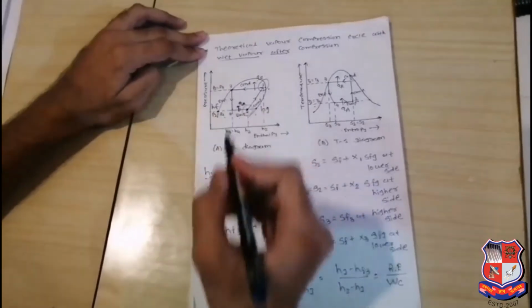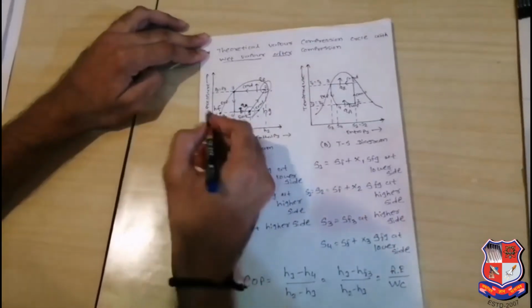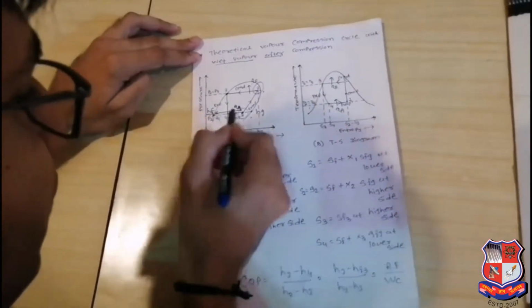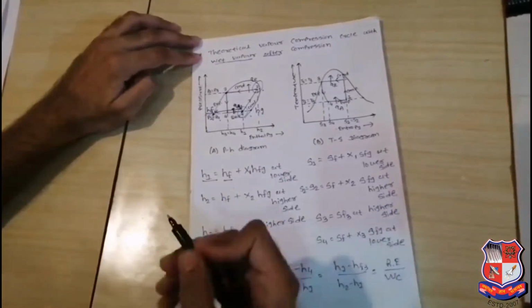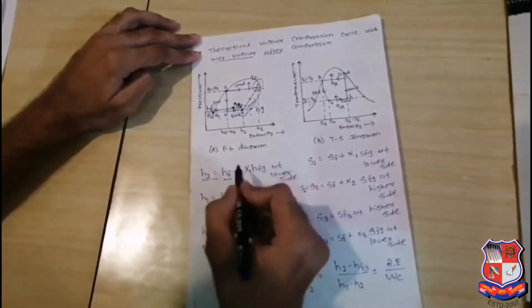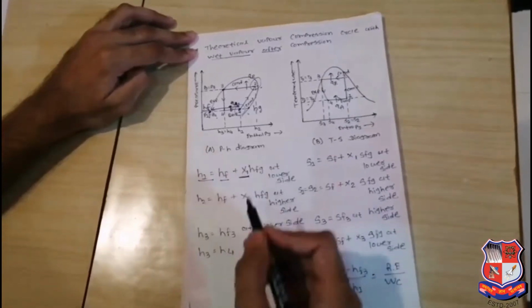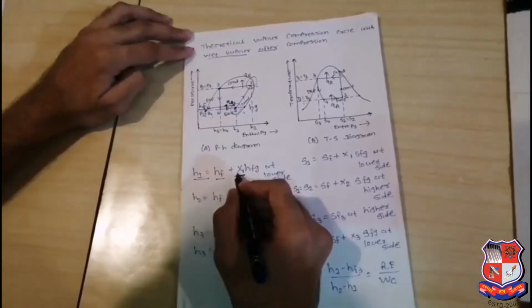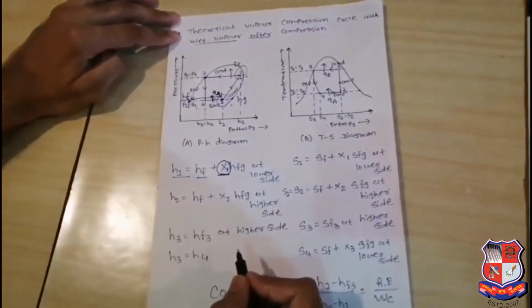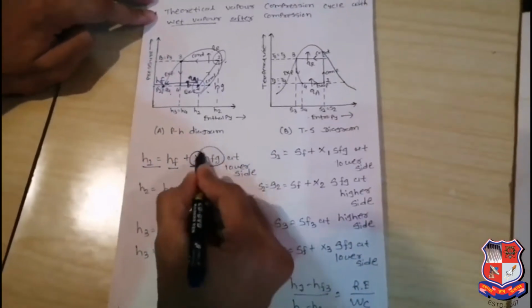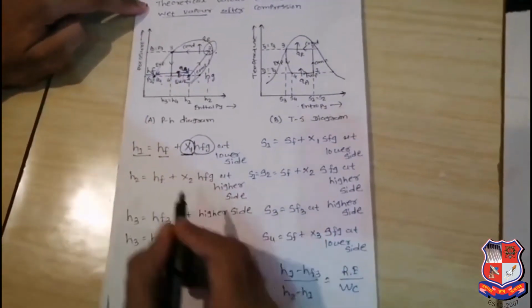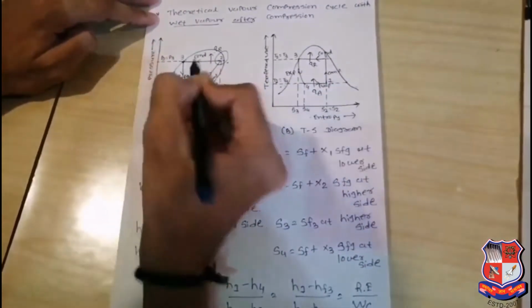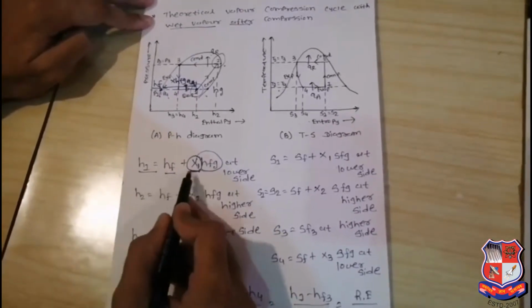Wet region means both liquid and vapor are present. First we consider Hf, then the additional enthalpy required. For the wet region we use the dryness fraction, which means liquid and vapor are both present, and their proportion we can find easily with the help of X1. Then Hfg is considered, the latent heat enthalpy of the liquid-vapor mixture, so it will be X times Hfg. So we can easily find H1 equal to Hf plus X Hfg at the lower side.